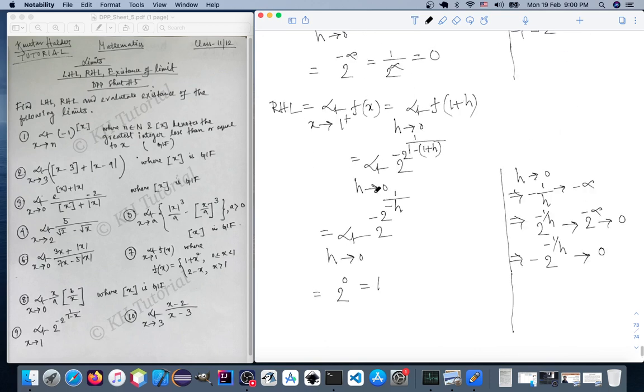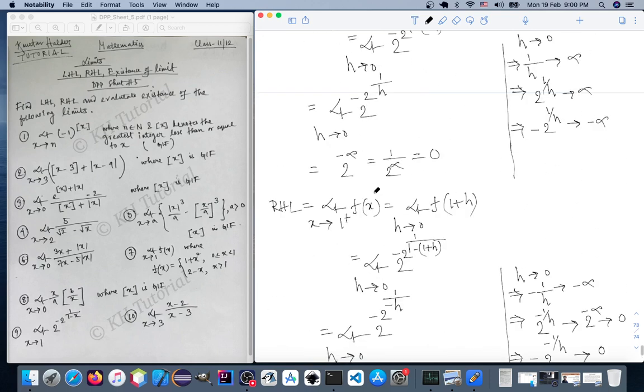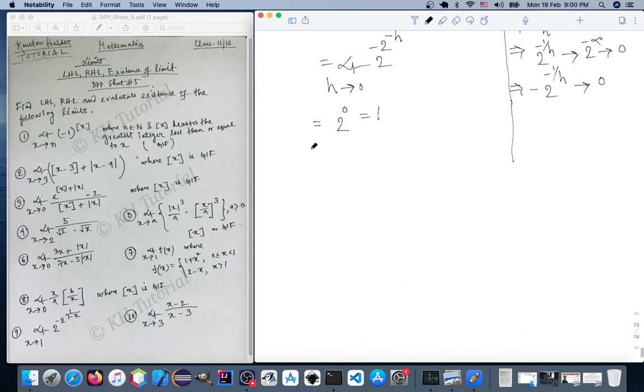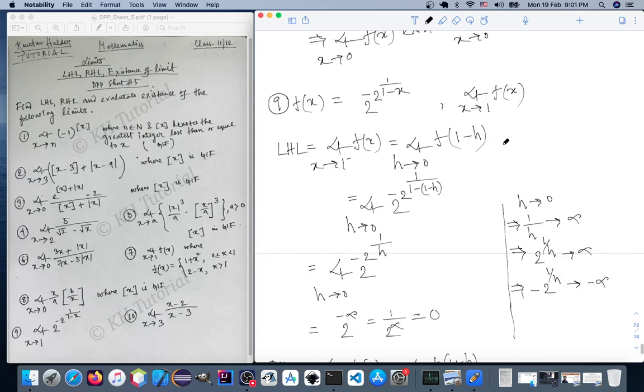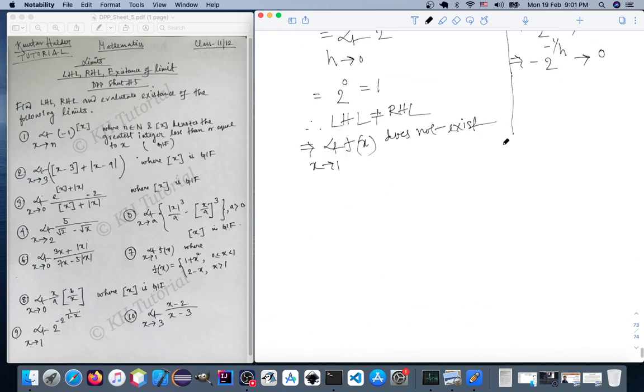So RHL is 1 and LHL is 0. So they are different. Therefore, LHL not equals to RHL implies limit x tends to 1 f(x) does not exist. Okay, let's see the last problem.